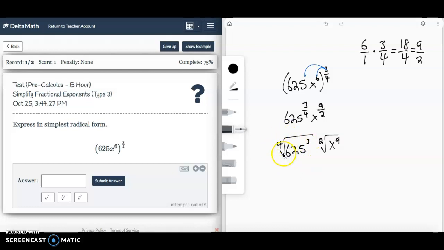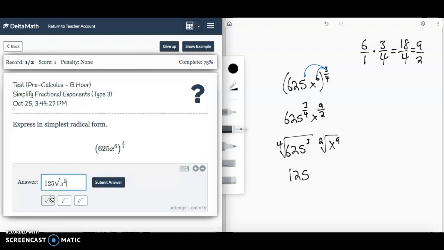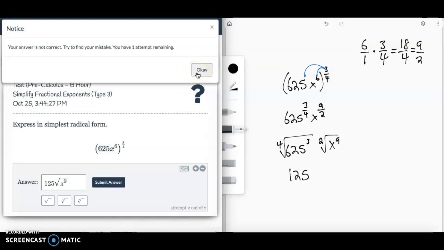Math, 5th selection down, the 4th root of 625 cubed gives me 125. And then here, let me see if they will allow the square root of x to the 9th. Nope, they're going to be grumpy about it.